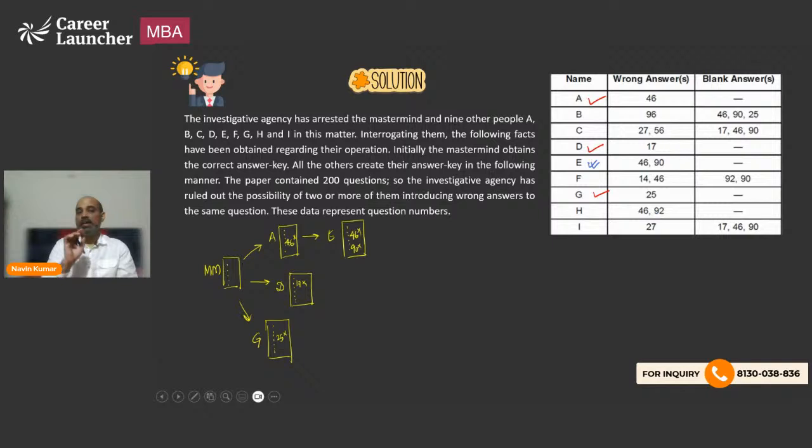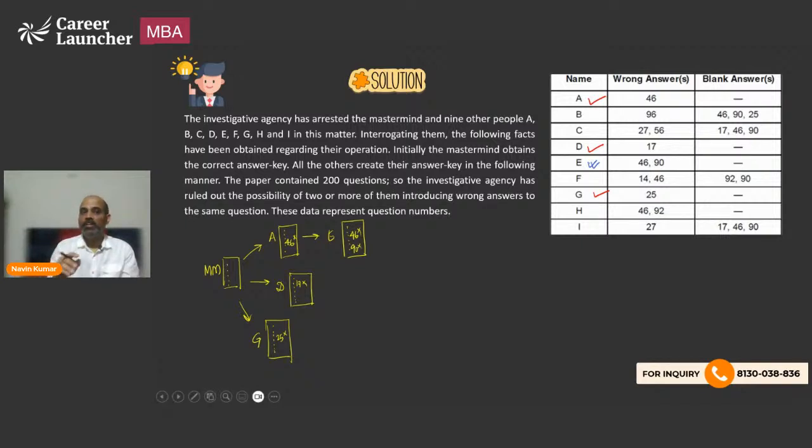Now, anyone who copies from two or more sources among A, D, and G will have blanks now, because question number 46 from A has an option which is different from question number 46 of D. Because D put the right option, A has marked some other wrong option, right?